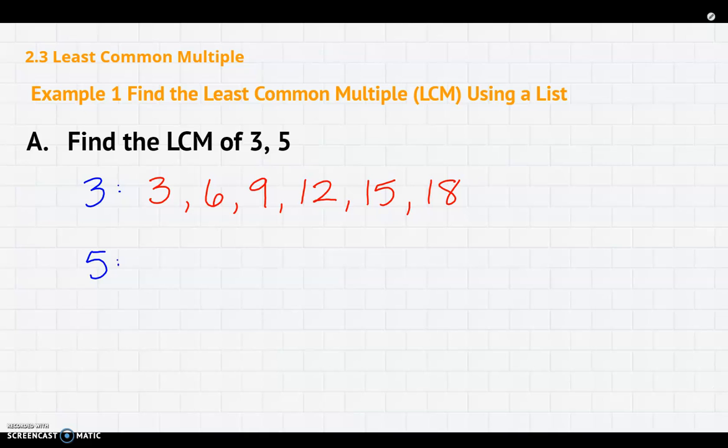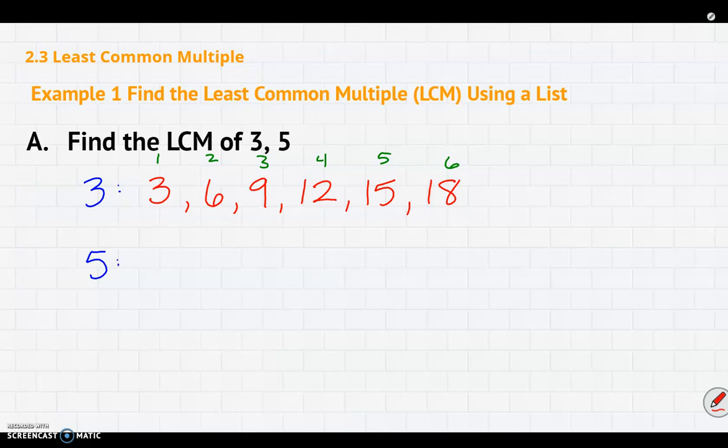And I'm just going to put little indexes up here to let me know this was 3 times 1, 3 times 2, 3 times 3, 3 times 4, 3 times 5, and 3 times 6. And typically I say go out to about 5 or 6 multiples of that number. You might need to extend your list if you can't find anything they have in common. But if you start with 5 or 6, typically that will get you the multiple you're looking for.